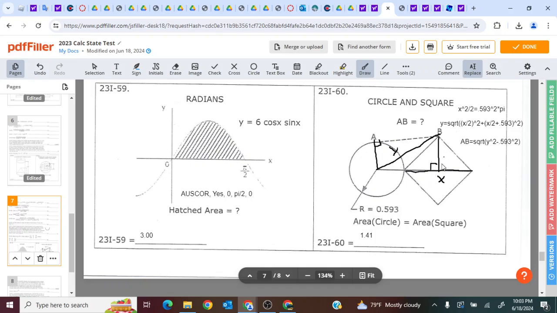So you do the square root of x over 2 squared plus x over 2 plus 0.593 squared, because 0.593 is the radius. And then once you have that, AB is going to be equal to y squared minus 0.593 squared. If you do that, you will get the correct value of AB, which is 1.41.